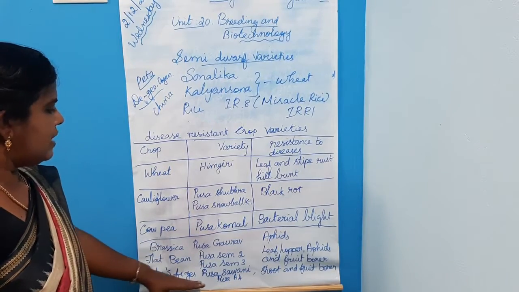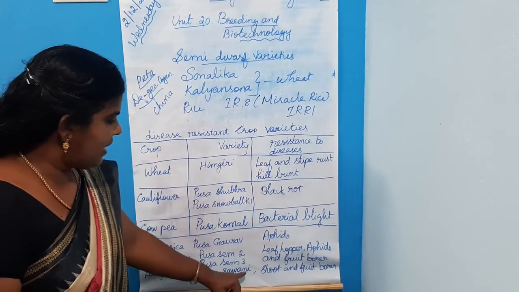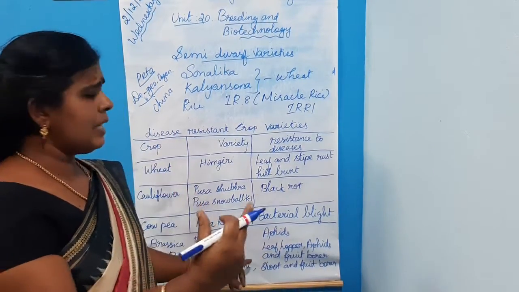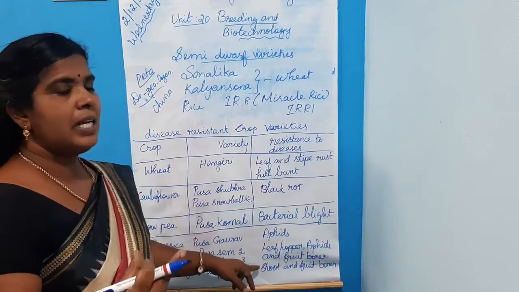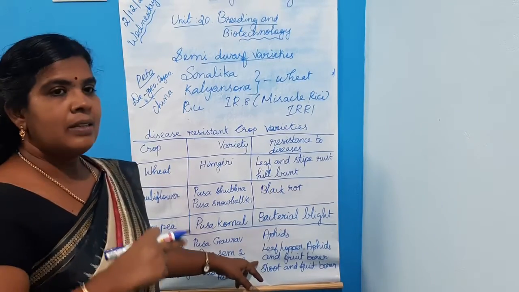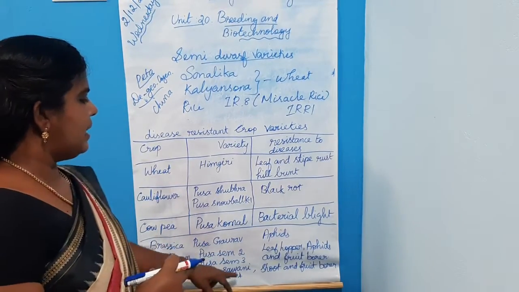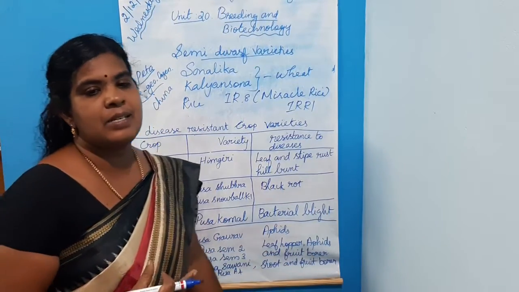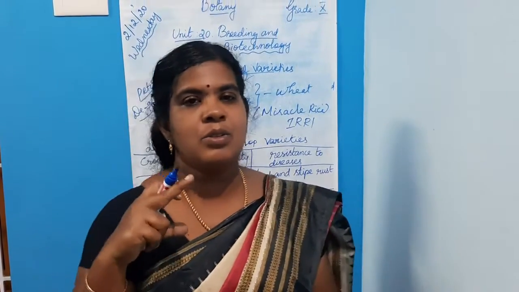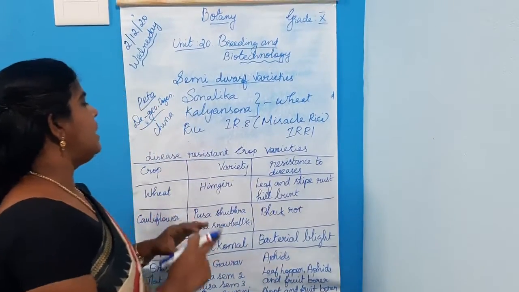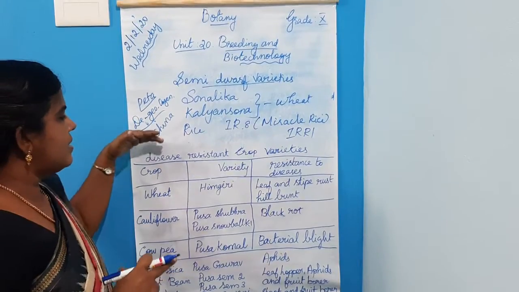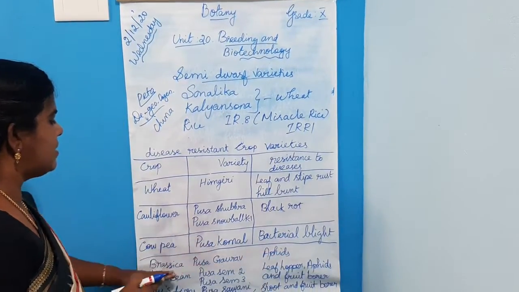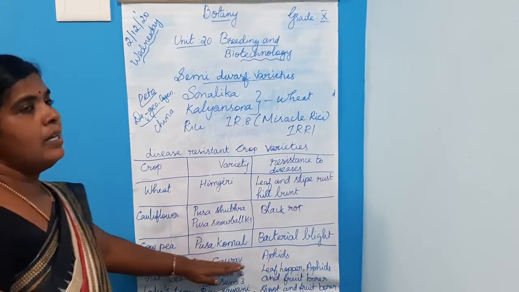The lady's finger varieties Pusa Sawani and Pusa A4 also possess shoot and fruit borer resistance. So by applying plant breeding technology, disease-resistant and insect and pest-resistant crop varieties are developed in certain plants.